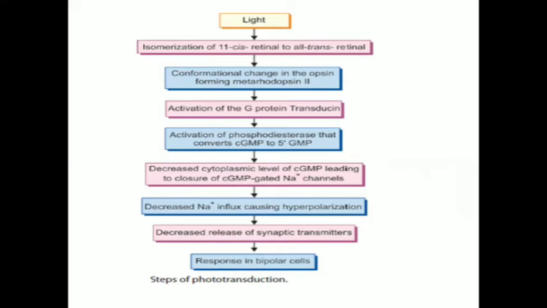Due to this hyperpolarization, there is decreased release of synaptic transmitters, and due to this, there is generation of a response in the bipolar cells, and this response is transmitted finally to the ganglionic cells, and from the ganglionic cells action potentials are generated which are transmitted to the brain.